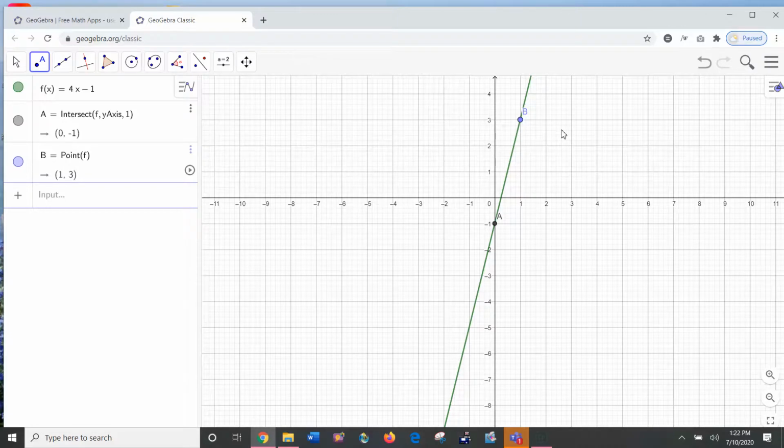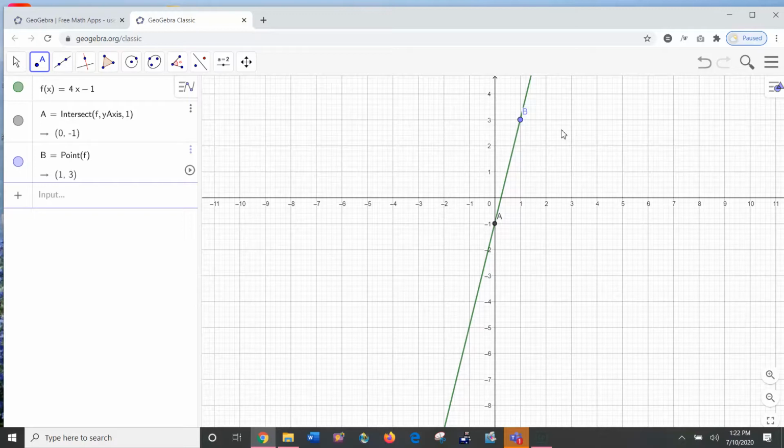So that would be its characteristic. So it has a slope of 4 over 1. Slope means how much it went up and how much it went over.